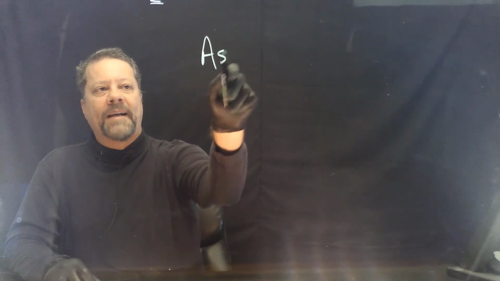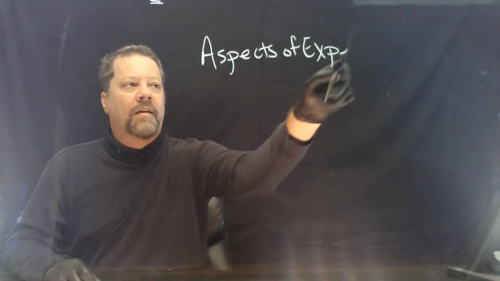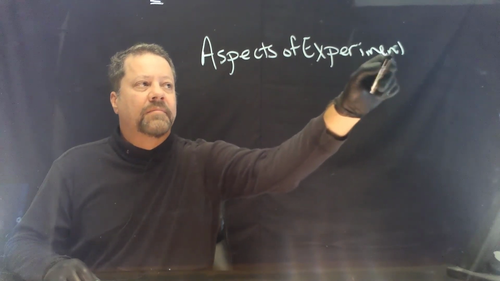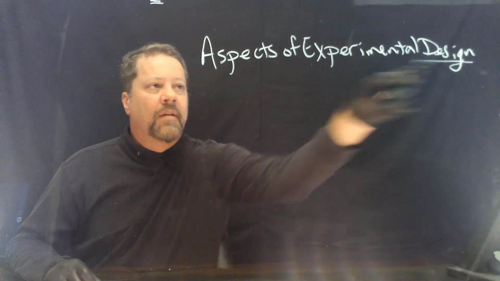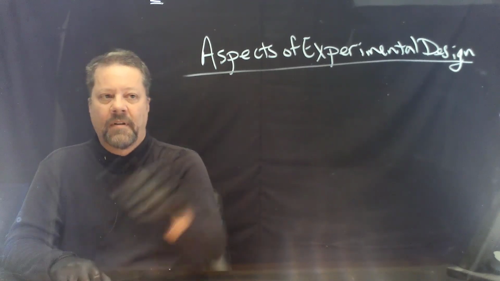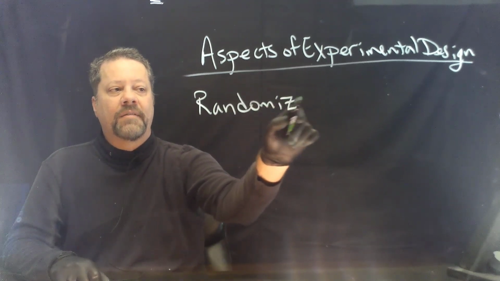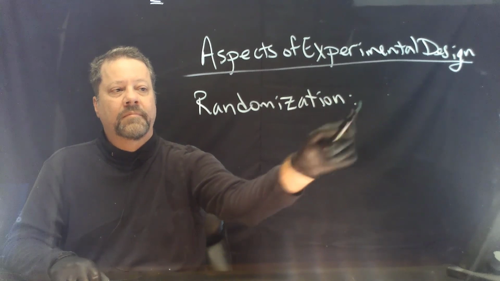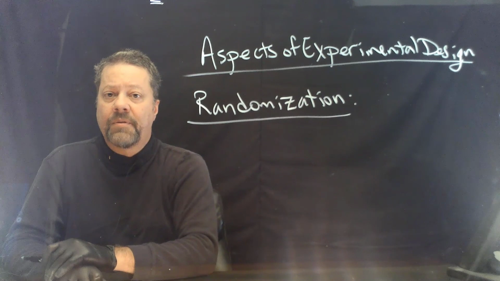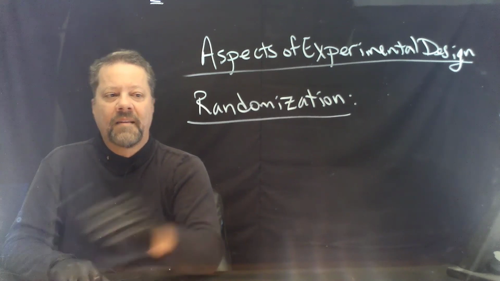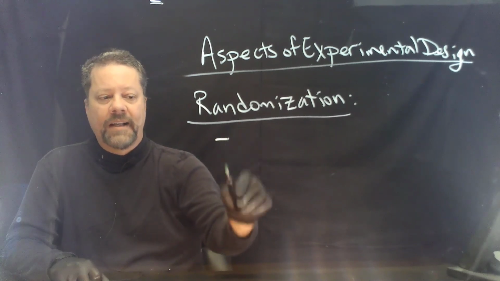There are important aspects of experimental design that you need to be aware of. One important aspect is randomization, where individuals are chosen to be part of particular groups through a random process. We often have an experimental group and a control group.